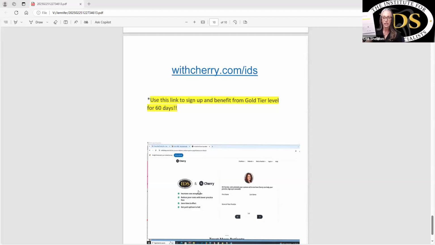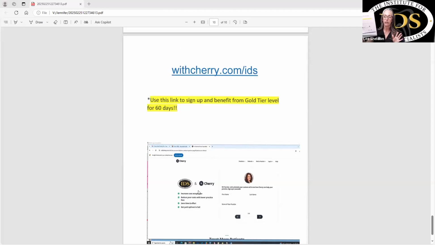So what you can do is you can go to withcherry.com/IDS. What this will do is it will allow you to sign up to do this. It's like 15 minutes or so, to show you what Cherry payment plans can do for your practice. And if you use that link, they will automatically start your office off at gold.